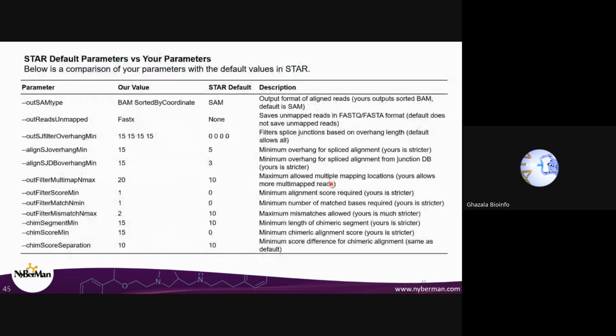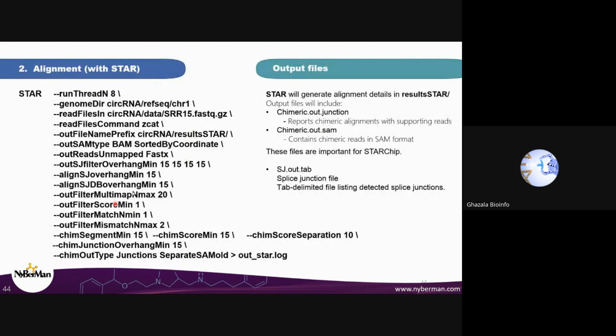And here I have added the default values. If you are not mentioning specific values here, like the align junction overhang minimum and the other values that we are adding, STAR will take defaults.